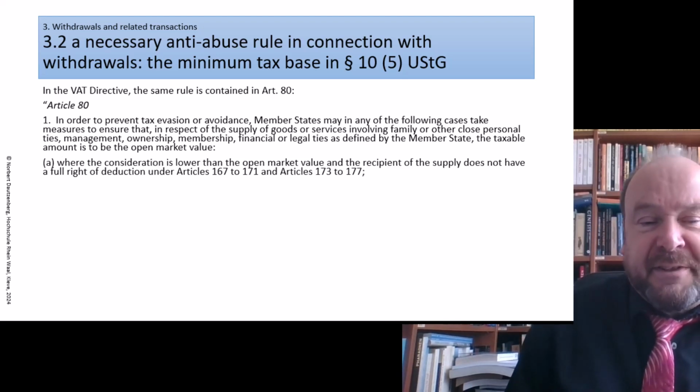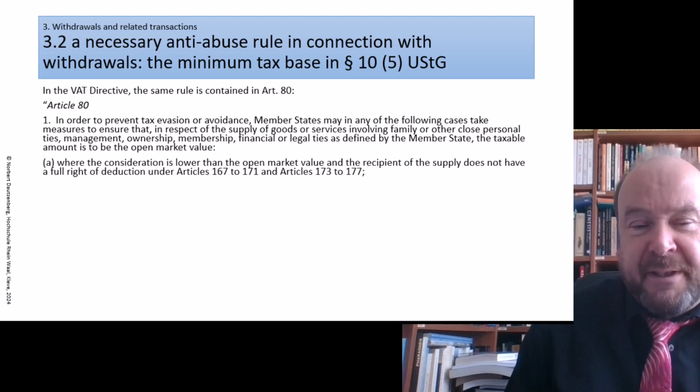Where the consideration is lower than the open market value and the recipient of the supply does not have the full right of deduction under the articles, and so on.